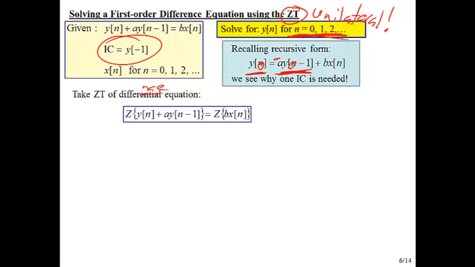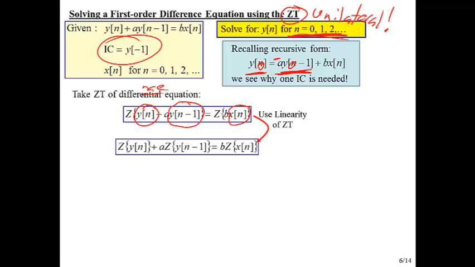We can use linearity and take the z transform around each term. We notice that the first term out in front is just Y of z, and this term here is just X of z. So on the right hand side we have b times X of z.